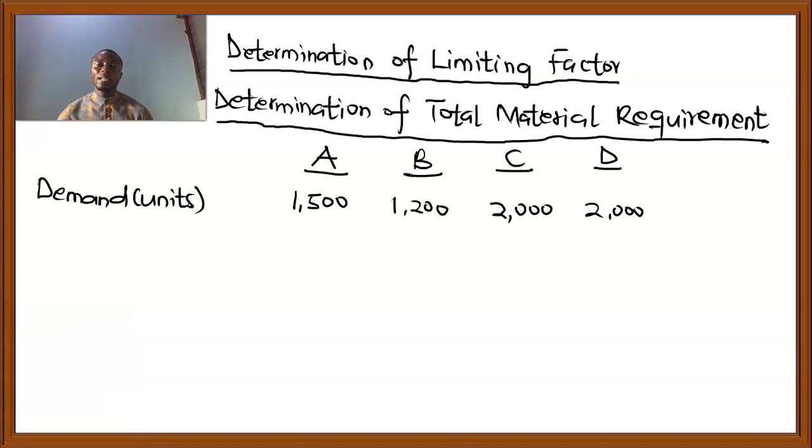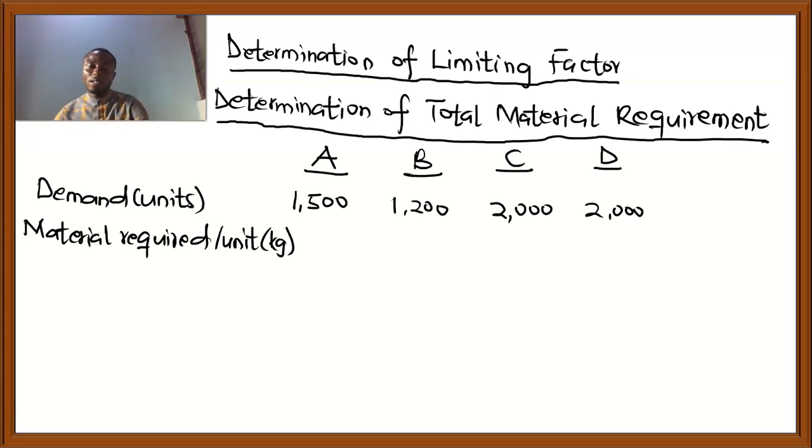In order to determine the total material requirements, we have to multiply the demand by the material required per unit. These are in kilograms.